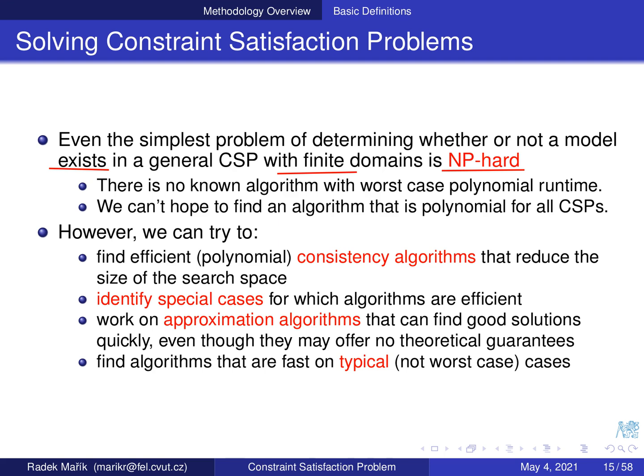And that can be used in practice. Also, there are some algorithms that are very efficient in special cases. Or it is possible to use approximation algorithms that are able to find a good solution very quickly. Even if, when you analyze them from the theoretical scientific point of view, there are no guarantees that the solution will be found.